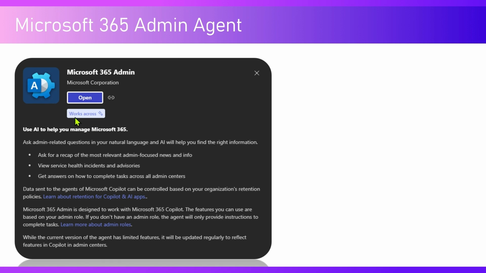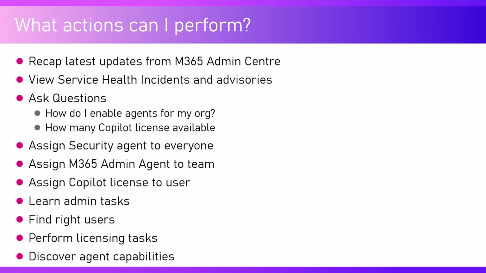As you see this text which says works across, it works across different streams of application. In a different set of agent scenarios, you'll be able to access this application only if you have a proper M365 Copilot license.